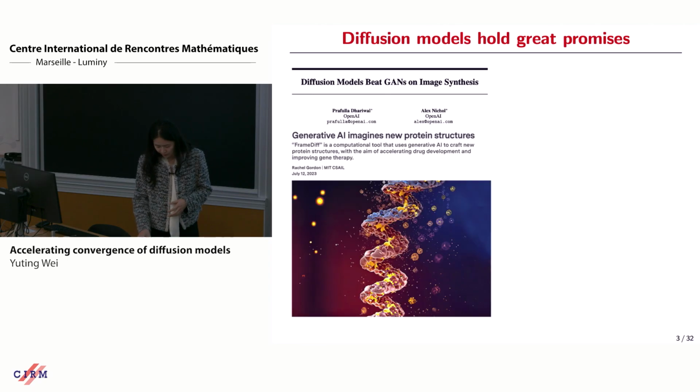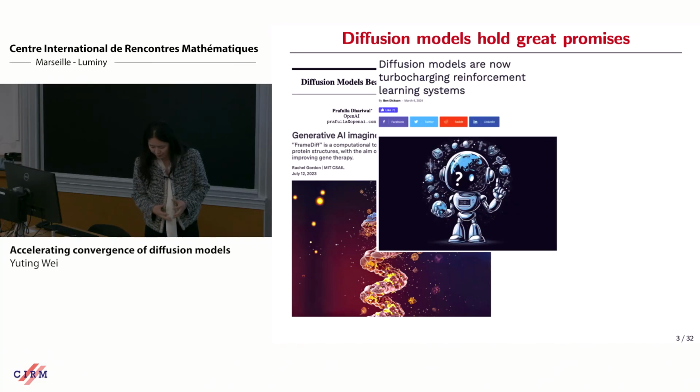As many of you probably know, diffusion models are now used to generate protein structures. This is from David Baker's lab, where they propose a diffusion model framework for protein design, and he has won a Nobel Prize, not for this, but previously for computational biology of protein structure.